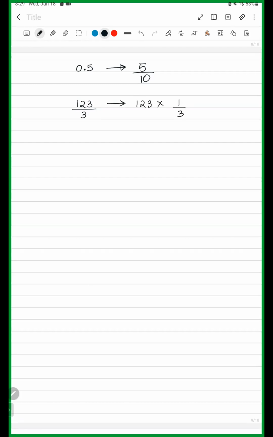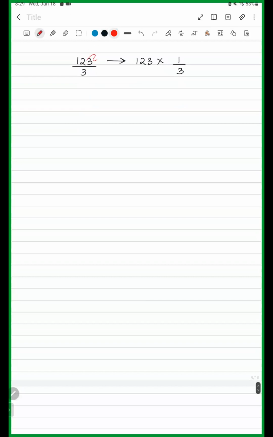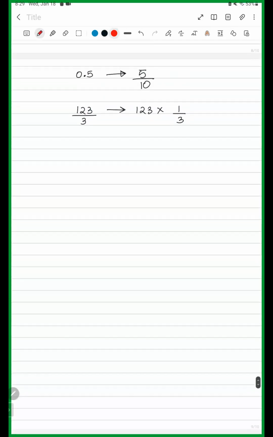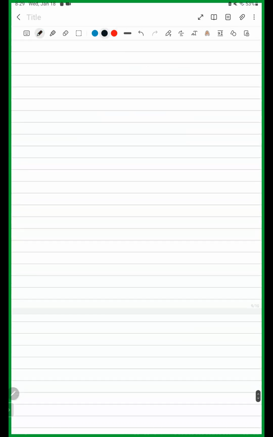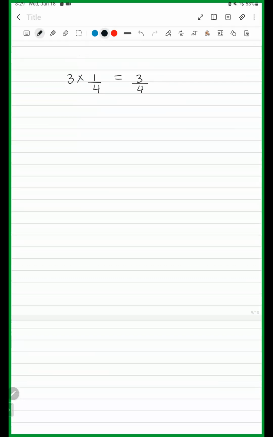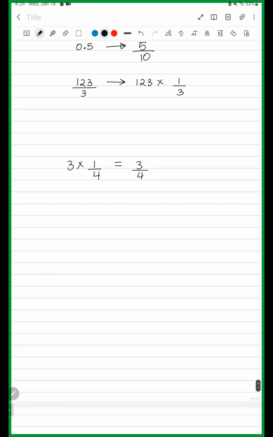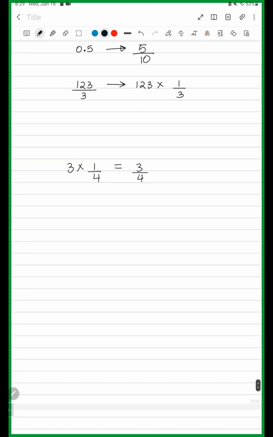Yes. Now let's say this is your. How is it 1/3? Okay. Tell me one thing. If I write 3 into 1/4, is this equal to 3/4 or not? It is. अब same चीज मैंने यहाँ पे की है, 123 into 1/3.